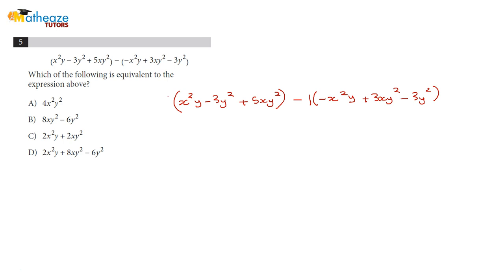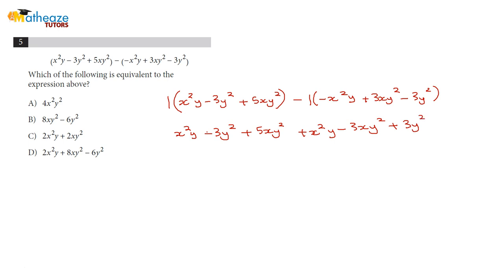So there's also a 1 out here. So we distribute the 1 into this parenthesis. So we have x squared y minus 3y squared plus 5xy squared. Then we have minus 1 distributed into this whole expression. We have minus x squared y minus 3xy squared plus 3y squared.